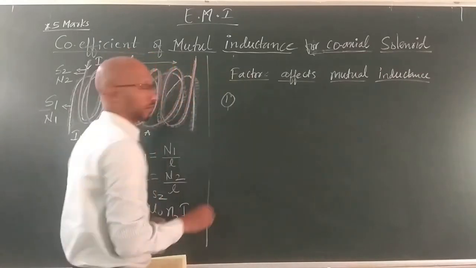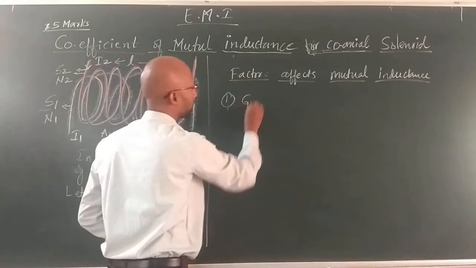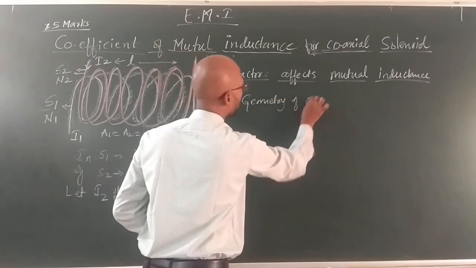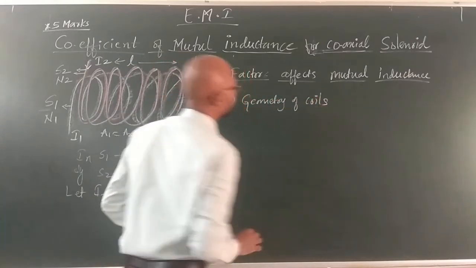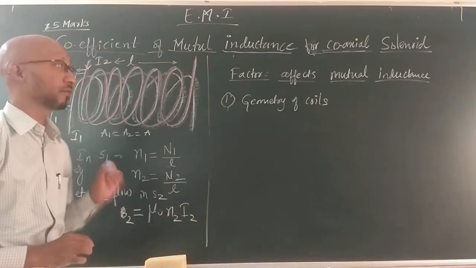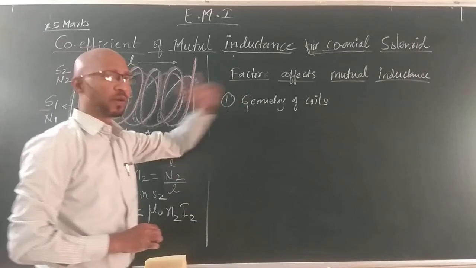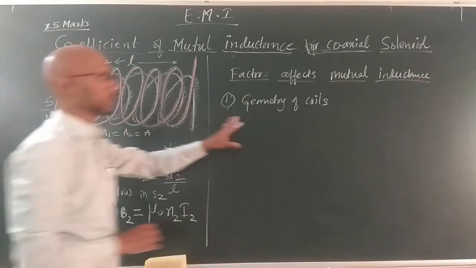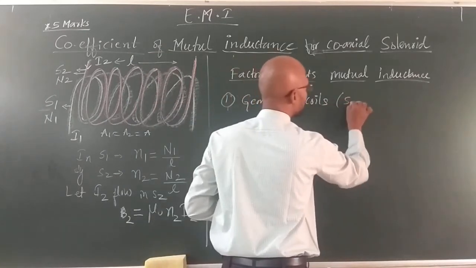First one will be the geometry of the coils. Now see what the factors are that affect the mutual inductance. The first factor is the geometry of the coil. What is the geometry? What is the size? What is the shape? Because geometry means size and shape.